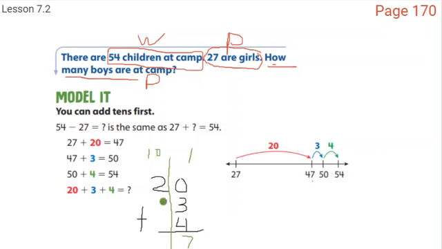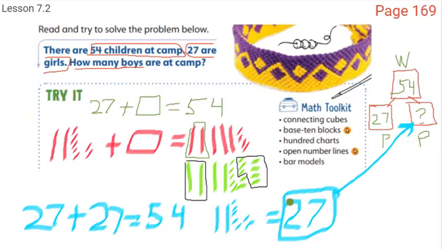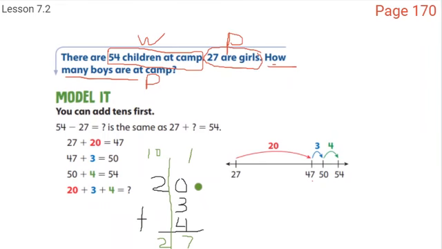Well, we have 2 tens here. There's no tens in the others, so just imagine there's a 0 there. So 2 plus 0 is 2. 2 plus another 0 is 2. So 27. Same answer as we did before. The number is 27. That's the missing number. Different way to model it.